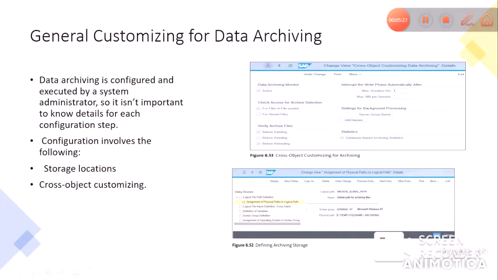Cross object customizing: data archiving monitor active, check access for archive selection, for files in file system, verify archive files before deleting, before reloading, and job classes, statistics, database based archiving statistics. So this is defining archiving storage, assignment of physical paths to logical path.